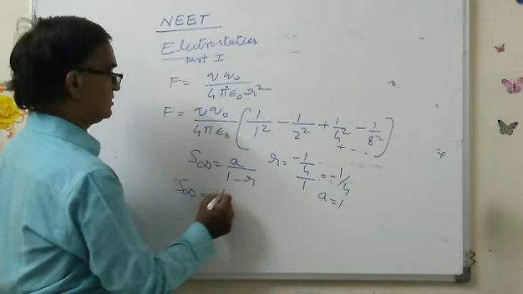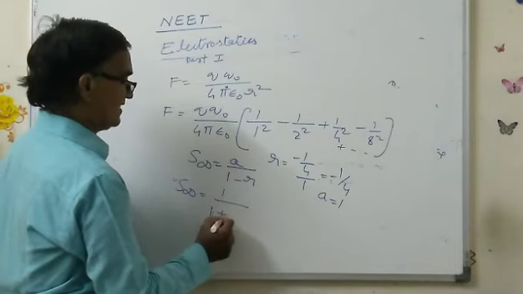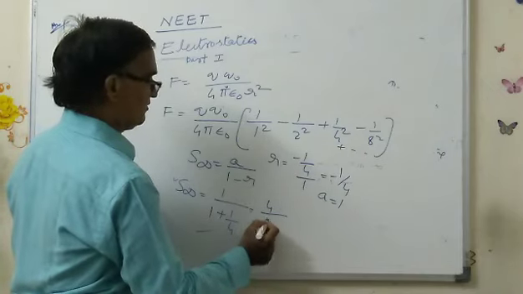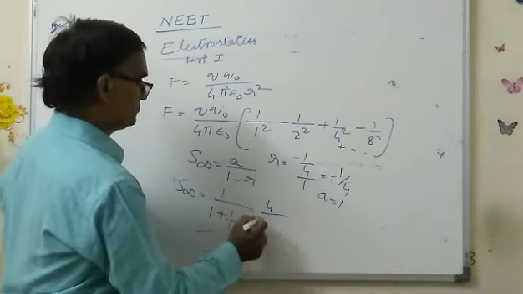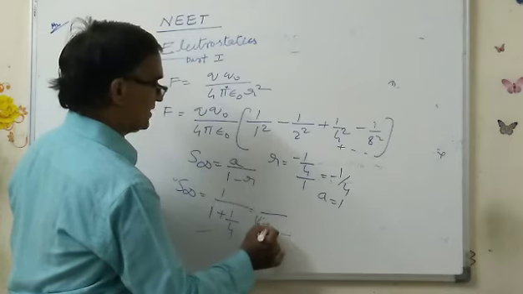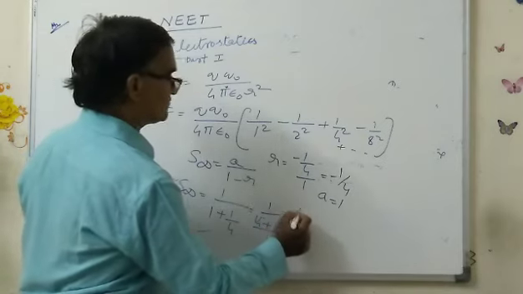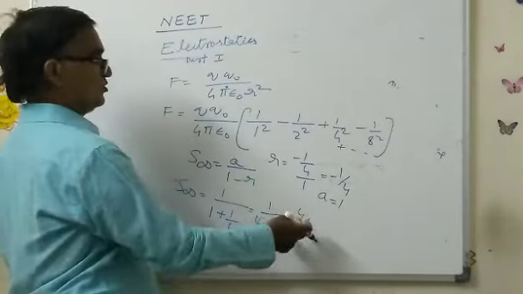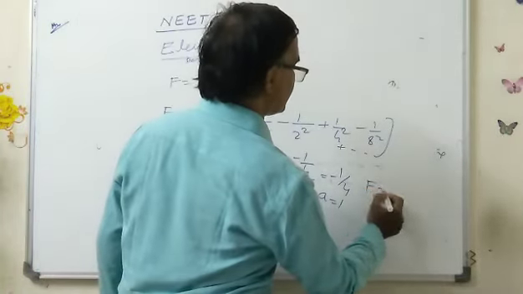S infinity is equal to a by 1 minus of minus 1 by 4, that is 1 plus 1 by 4. You take LCM here. 4 plus 1, that is 5 by 4, so the whole term becomes 4 by 5. So what is F here?